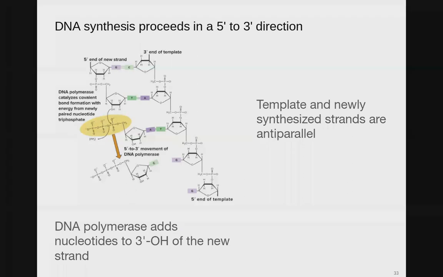You'll notice that the polymerase, which is denoted by this orange arrow, is going from 5' to 3' on the new strand. But DNA polymerase can't do anything without a template strand. So DNA polymerase adds from 5' to 3', that directionality we discussed, but it's copying from the 3' to 5' end on the old strand.